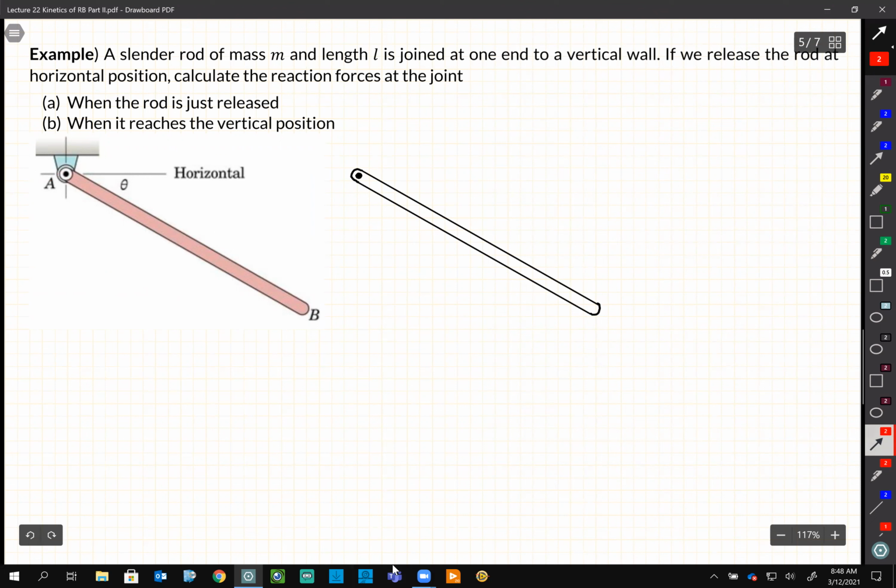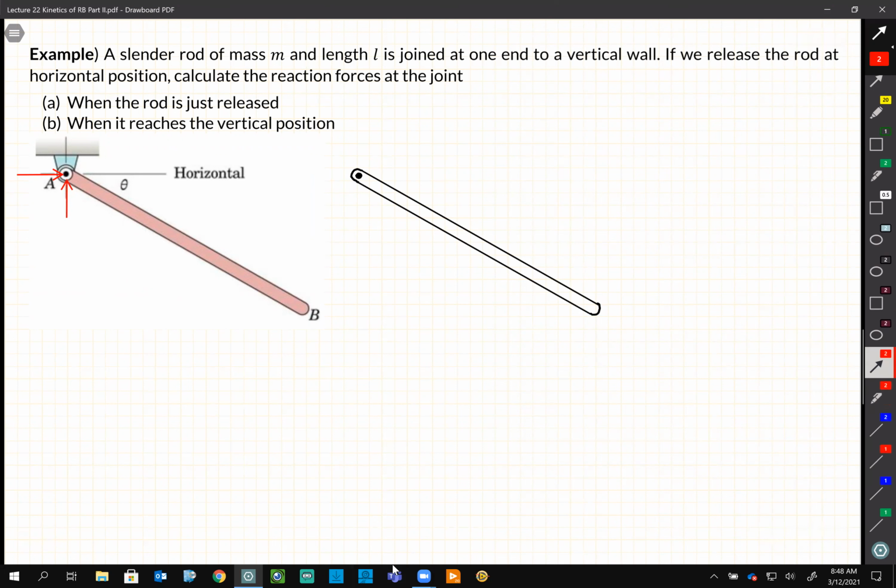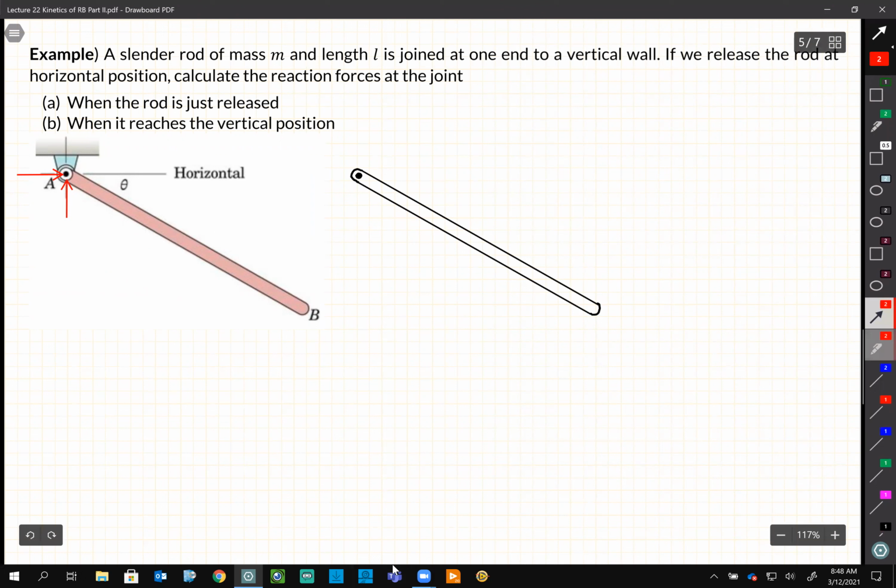We have here Ax and Ay. And you guys know we have the mass, right? mg, and mg acts at our center of gravity.